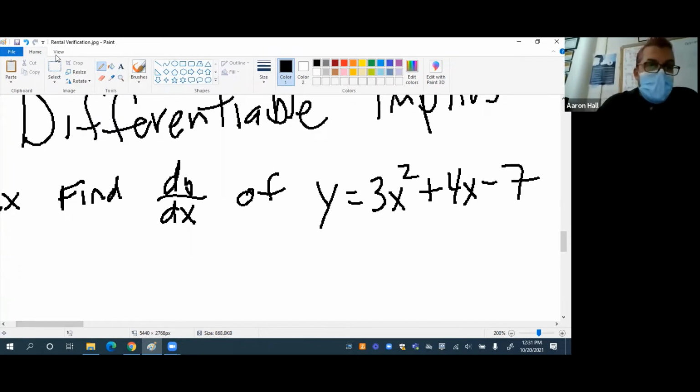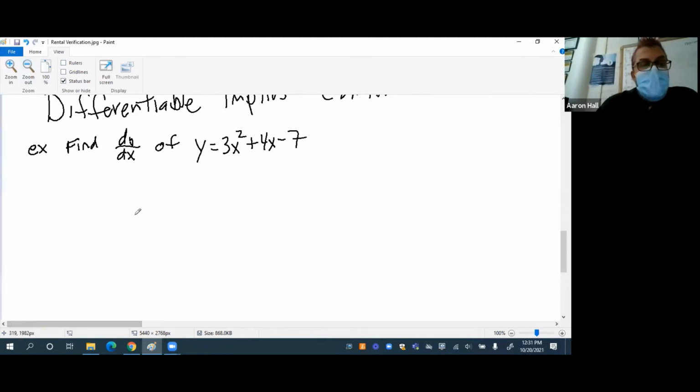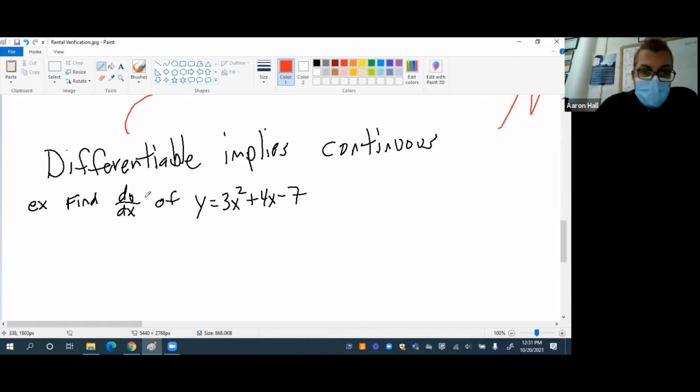Well, now you can't see everything. Let me zoom out. What am I asking you to find? Yeah, this is one of our notations, dy dx. It's not dy over dx, it's just dy dx. dy dx is one of our notations for a derivative. So what is the derivative of this?